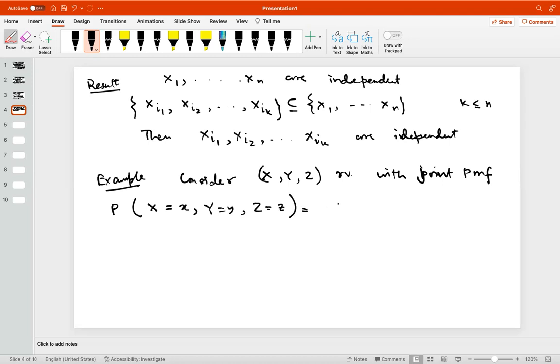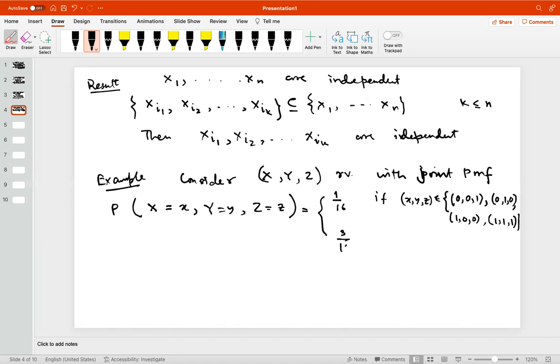This is equal to 1/16 if x, y, z belongs to this set containing 0, 0, 1, 0, 1, 0, 1, 0, 0, and 1, 1, 1. That is, one 1 or three 1s.